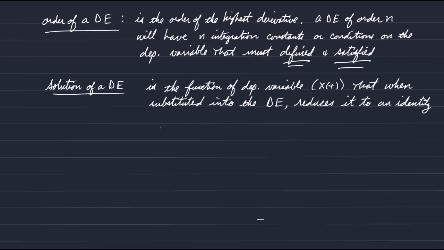So, for example, in our very first, very simple example, we said that x is equal to our constant velocity v times t plus x naught. This is our function of our dependent variable, and the original equation was dx/dt equals v. To verify that this is a solution, we simply take the derivative of x with respect to t and see that it's equal to v.